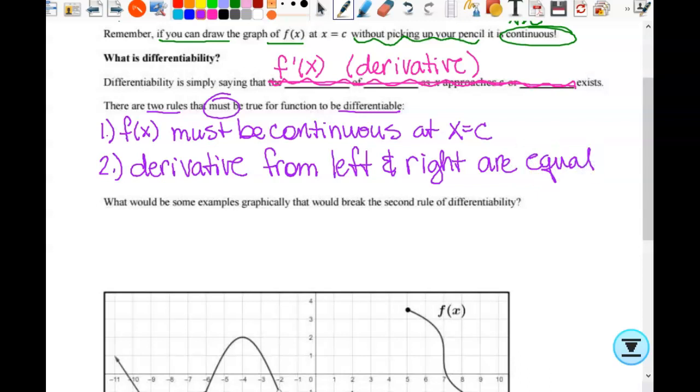Okay. So same kind of thing as we looked at with the limits from the left and the right being continuous, and then we're going to look to see if the derivative from the left and the right as x approaches c are going to be the same. So continuous, and then we look at the derivatives from the left and the right as well. Okay?